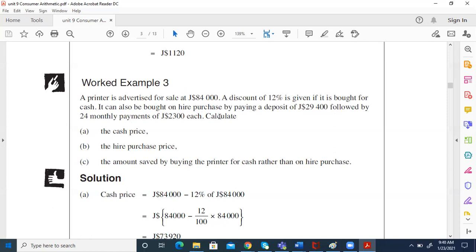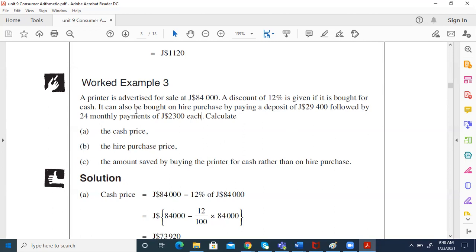Alternatively, you could just find what 12% is first, put down the figure, and then subtract it from the 84,000, right? And then you would get the cash price. For the higher purchase price, you read some more, they give us some information.